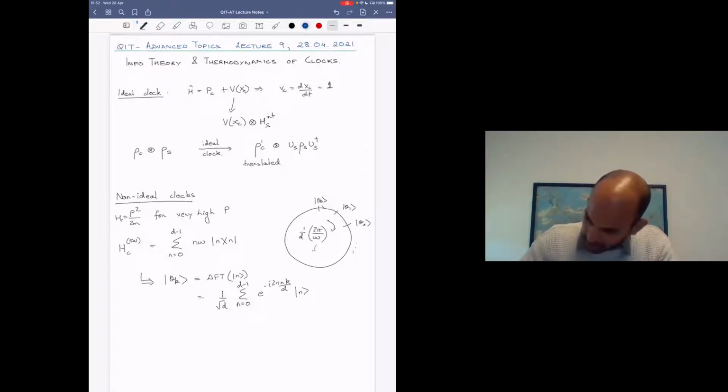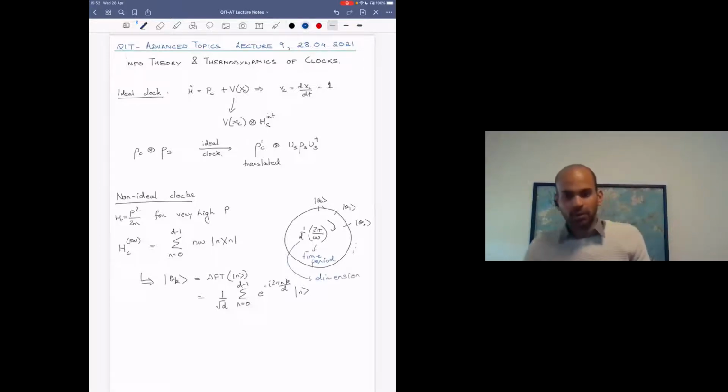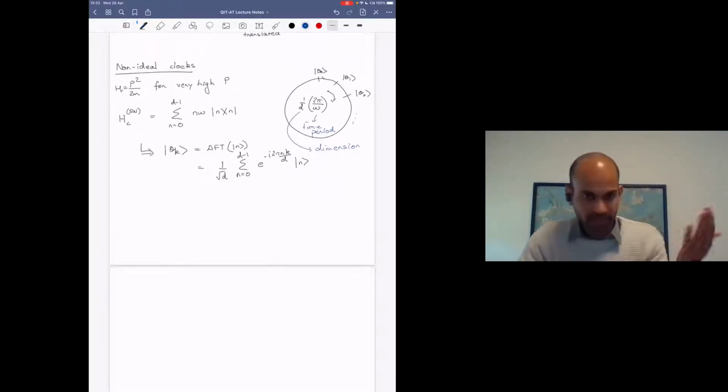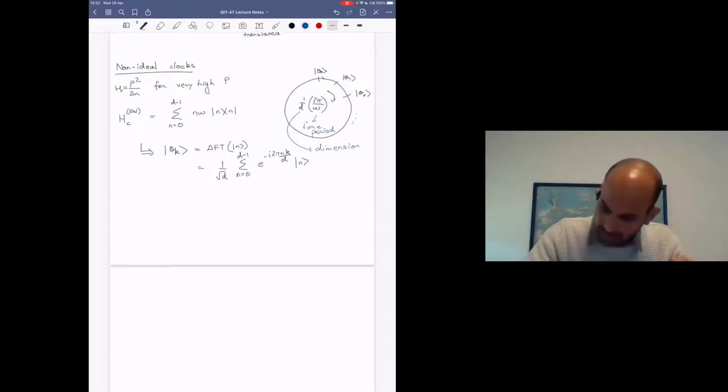So 2 pi by omega is the time period of the clock, and d is the dimension. So if you actually take it for 2 pi by omega, then you go back to the initial state. And yes, so we discussed how we can consider these theta states, which we call Pegg-Barnett states.